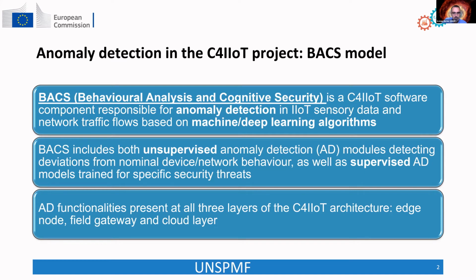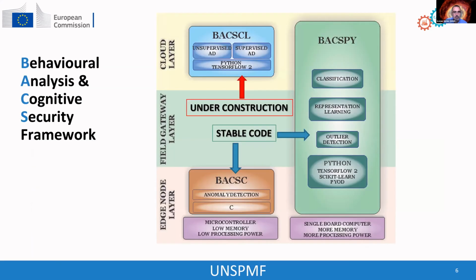And as I presented earlier, anomaly detection within the C4IoT framework goes on all three layers of the architecture: edge node, field gateway, cloud. Let's skip to this picture to see the overall picture first, and then we'll go module by module and see what's inside.